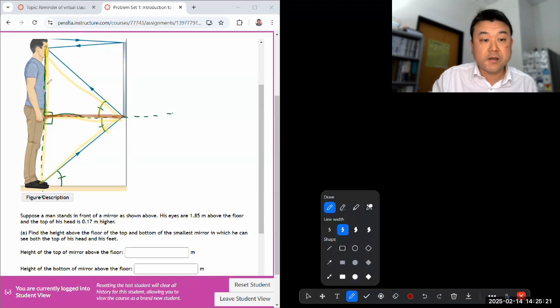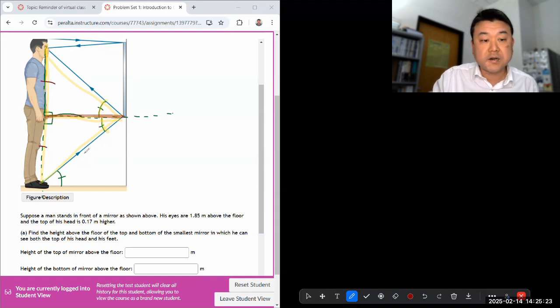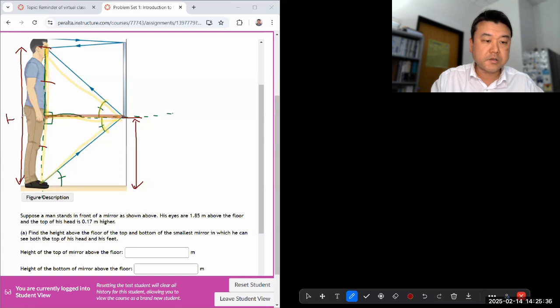So from that, you can argue, oh, these two lengths are the same. Which means whatever the height of his eye is, let me label that height of his eye, capital H, this height here must be half that from that geometry.